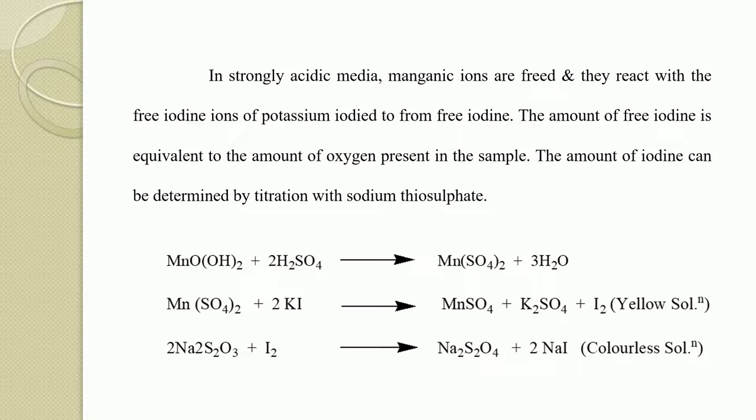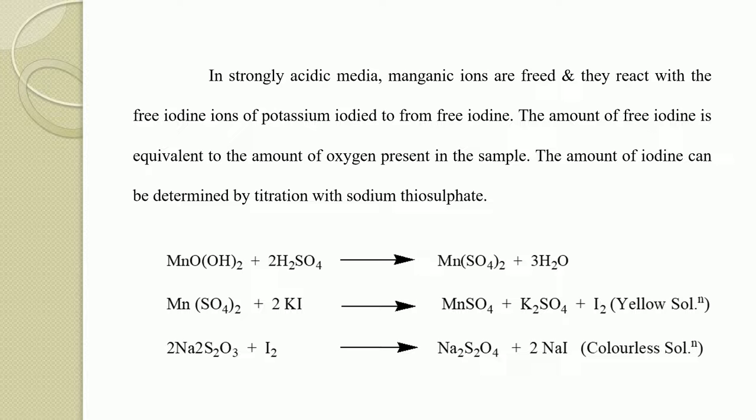Now when the iodine is liberated, it forms a yellow colored solution. Now the amount of free iodine is equivalent to the amount of oxygen present in the sample. That means whatever amount of iodine is formed in that particular solution after the reaction is exactly equivalent to the dissolved oxygen present in that water sample.